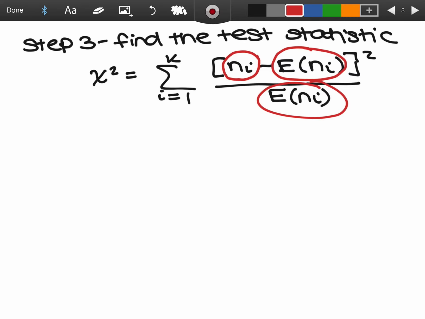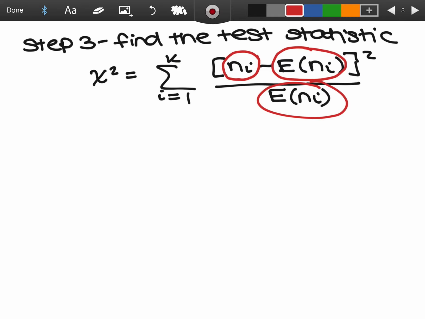What all that does is it basically scales it down. So you're finding a ratio of the distance with the expected value. It's like a scaling factor for each one of the outcomes. And then you're adding this together for all the outcomes.